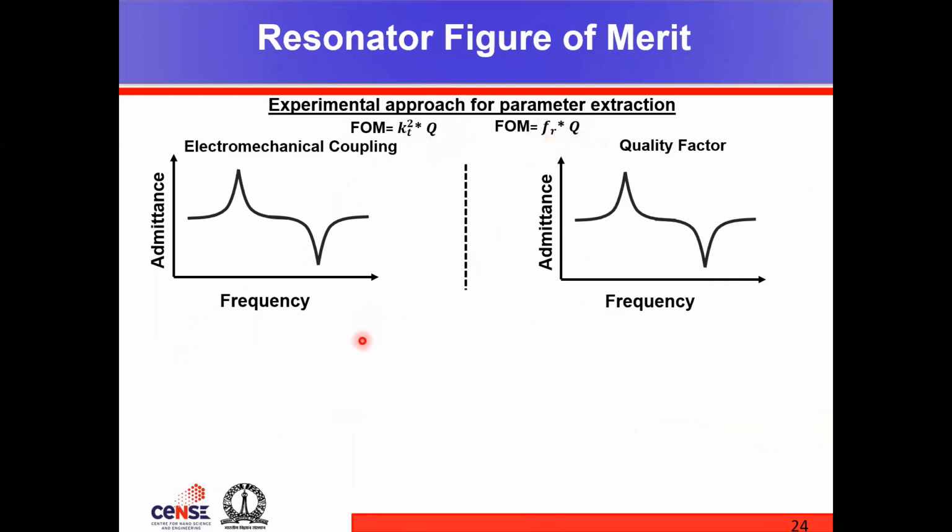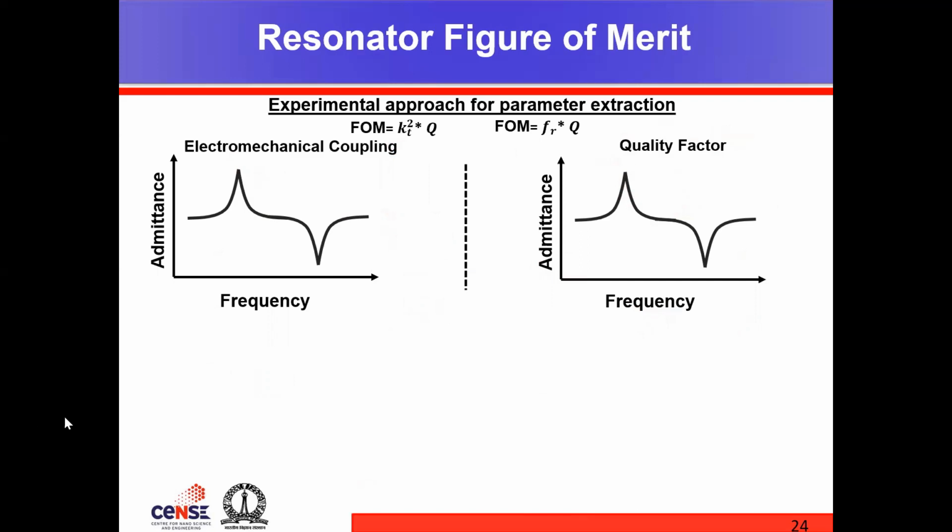The electromechanical coupling coefficient is a measure of the transduction capability of a device under a given mode of interest, while the quality factor is the ratio of the energy stored to the energy lost. Ideally, it is good to have higher values of electromechanical coupling coefficient and also quality factor.